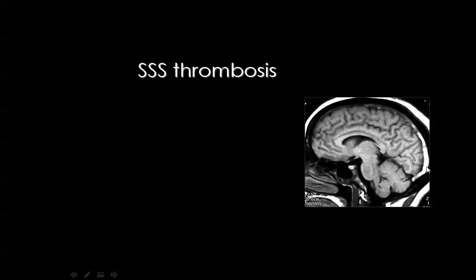And this is the only phase where you can confidently diagnose venous thrombosis or arterial thrombosis from the MR images. But you can refer to MR angiography and MR venography to confirm the diagnosis.